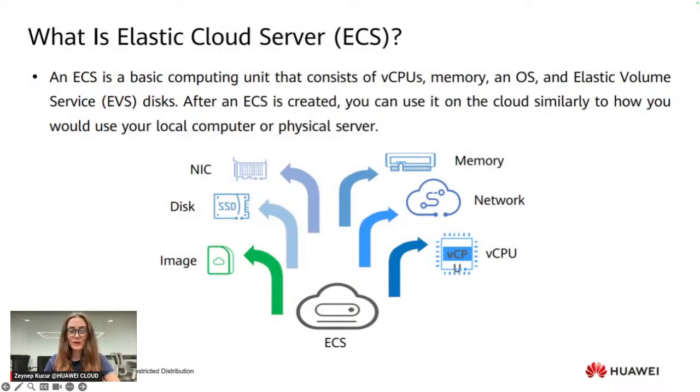So let's start with what an Elastic Cloud Server is. An Elastic Cloud Server is a cloud server which consists of virtual CPUs, memory, elastic volumes, disks, and other required resources. ECSs allow for on-demand allocation and elastic scaling, and we can simply call it a scalable virtual server.